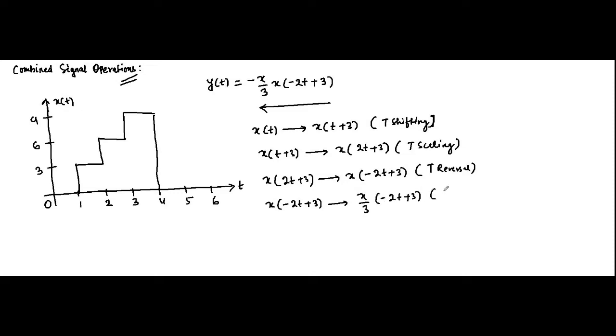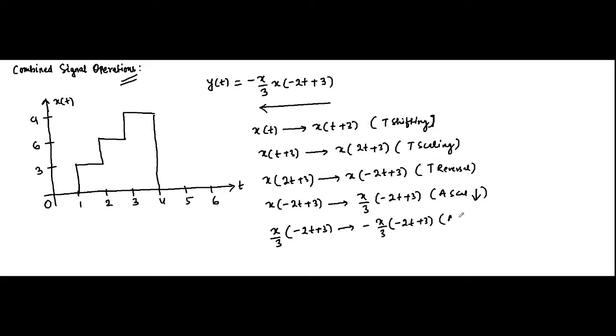But again here the amplitude scaling is a scale down operation because we are reducing the amplitude by a factor 1 by 3. Then we have amplitude inversion, that is x(-2t+3)/3 to -x(-2t+3)/3.